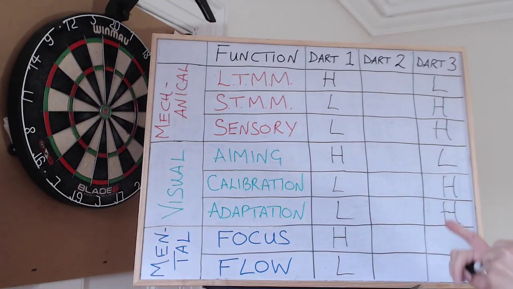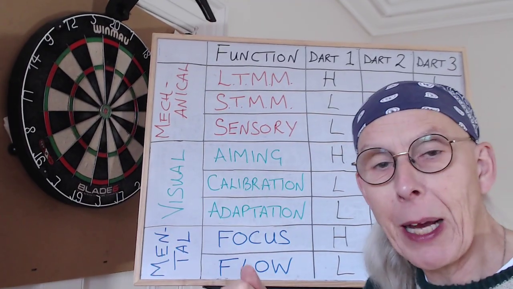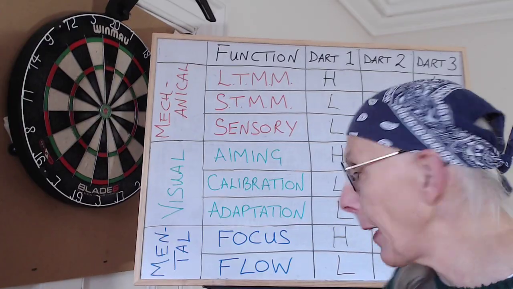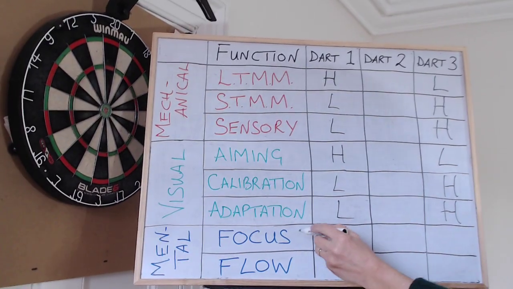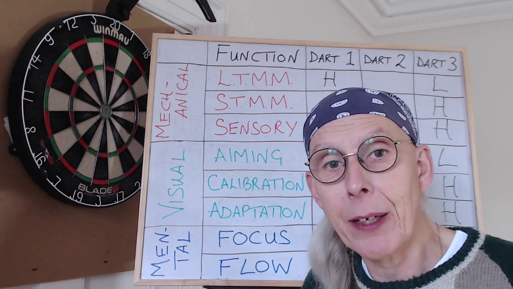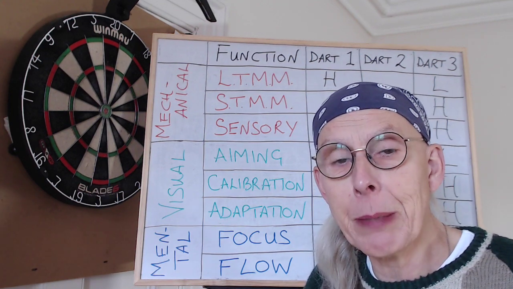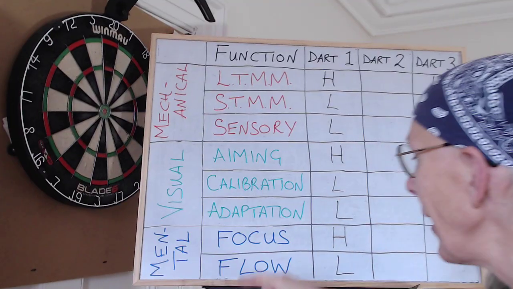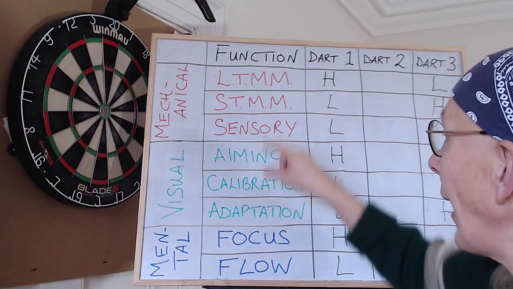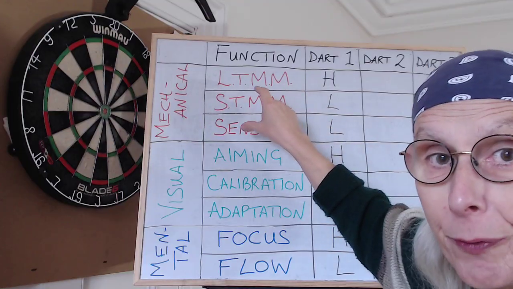And when these two are high and these two are high, what that means is two feedback loops are fully operational, okay? And the state on the third dart, as long as you are not a very slow player, if you pause for literally a minute in between darts, you're pretty much in a focus state mentally, and the mechanical feedback loop is switched off.